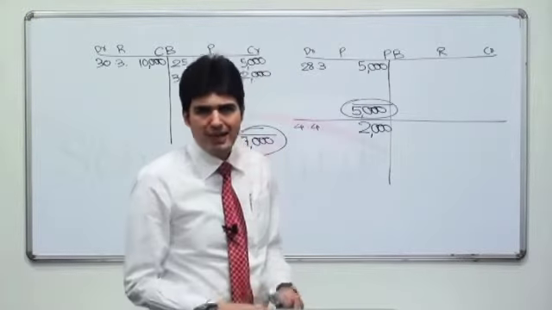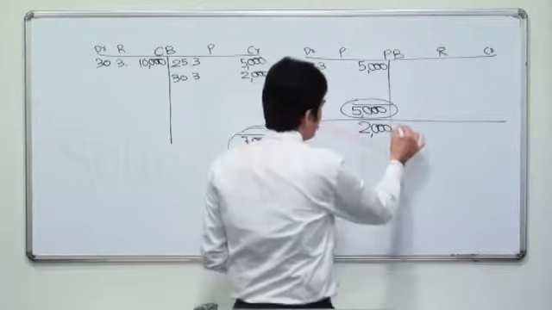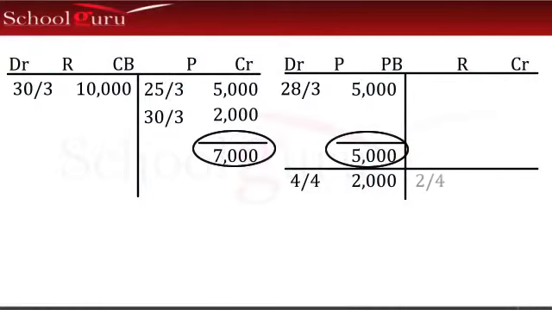So let us say my bank will pass the entry whenever the payment is received on the receipt side, but in the month of April. As you can again see, I have received the check in the month of March. I passed the entry in the month of March, but my bank will now pass the entry when the amount is actually deposited in the bank.